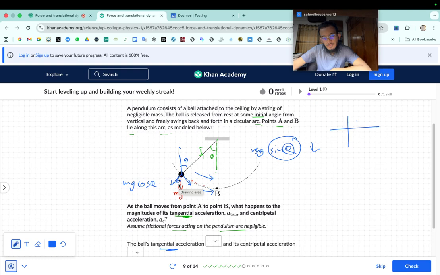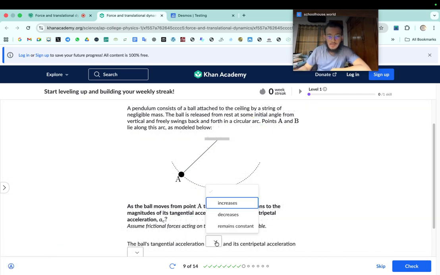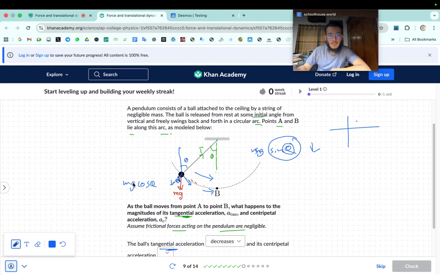So the tangential acceleration would actually decrease, because sin theta decreases. And this explains why the speed doesn't just keep on increasing after it passes this point. The acceleration decreases.